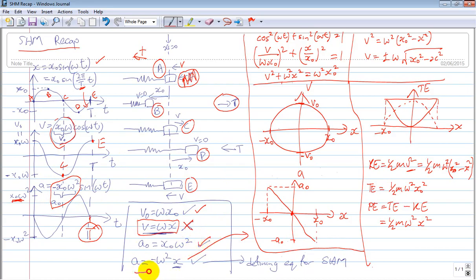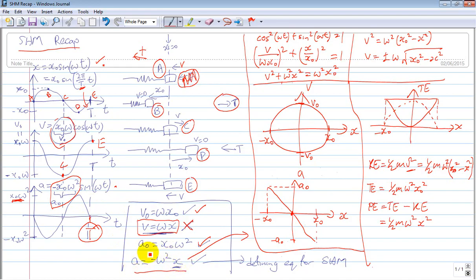And how do I get this final equation? If you compare a and x, do you realize that x naught sine omega t is actually x? So I can replace x naught sine omega t by x, and what's left over is minus omega squared. So a equals minus omega squared x, and this is a general case.